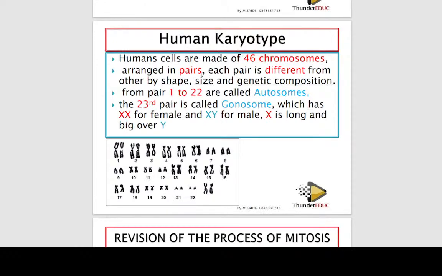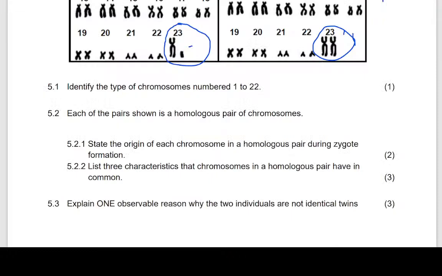These are pairs formed by shape. They have the same shape. That's number 1. They have the same size. That's number 2. And they have the same genetic composition. This is in terms of locus, the position where these genes are found. That is basically what we need from you.